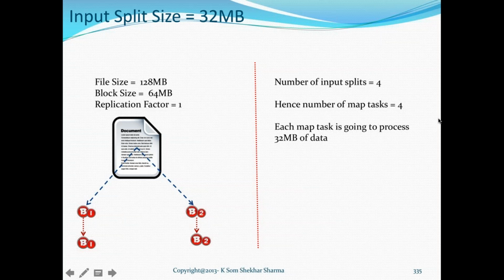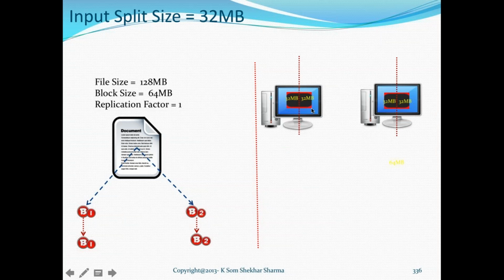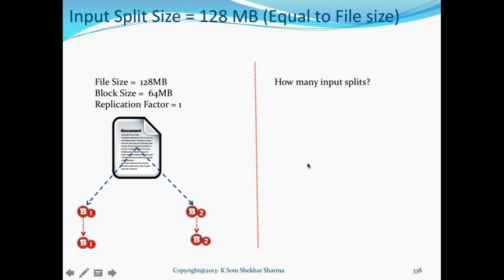Each map task is going to process 32 MB of data. So of the 64 MB block, one map task takes 32 MB, another 32 MB, and so on. So 4 map tasks will be running. That's case 2, without changing the block size.